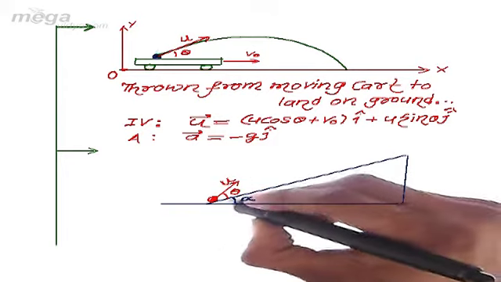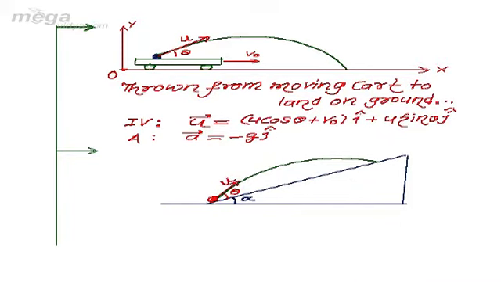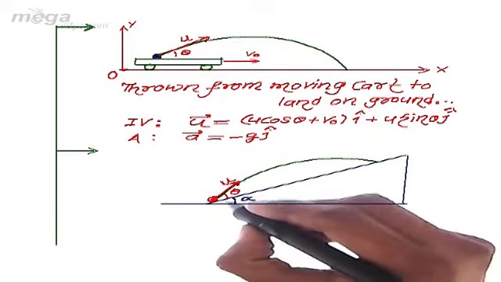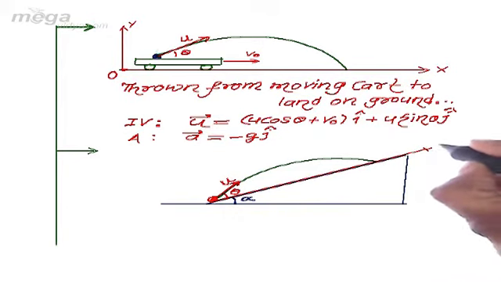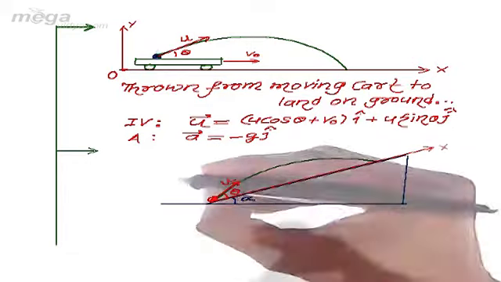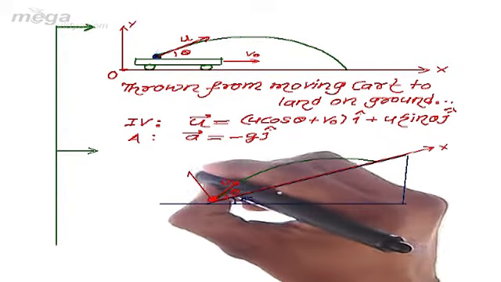The possible path of this projectile may be like this. Now here also we have to consider a reference frame. I would like to suggest a reference frame in which we take the x-axis to be along the inclined plane and the y-axis perpendicular to this inclined plane.